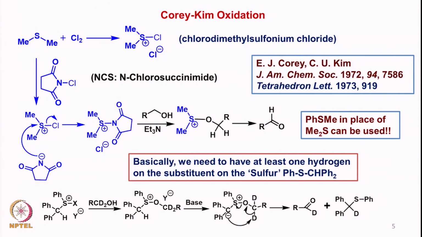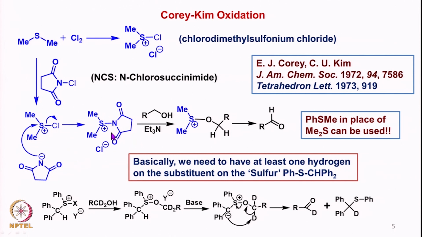So today we will look a little more carefully at the Corey-Kim oxidation. What is done is to react dimethyl sulfide with chlorine to form this chlorodimethyl sulfonium chloride, or it is reacted with N-chlorosuccinimide to form this particular intermediate, which then reacts with the succinimide ion to form another sulfonium ion intermediate.